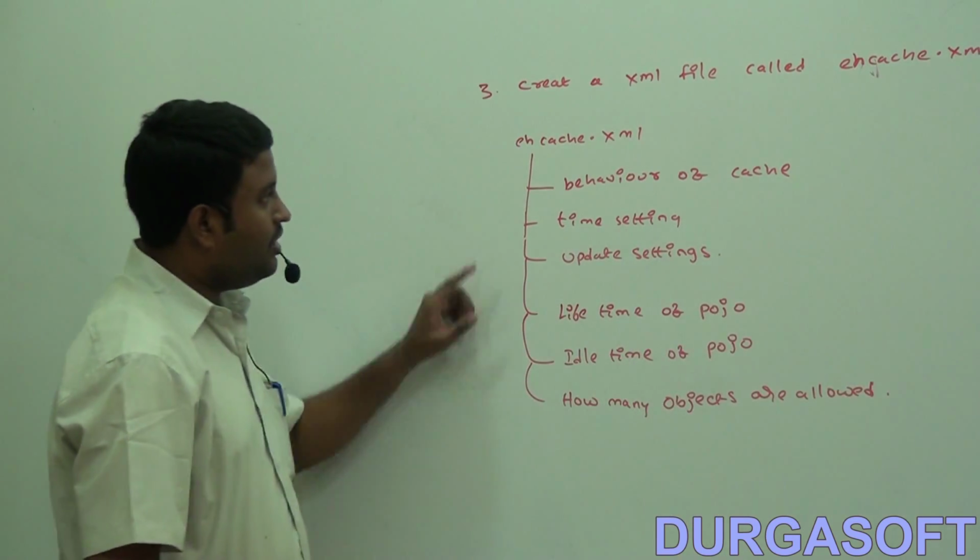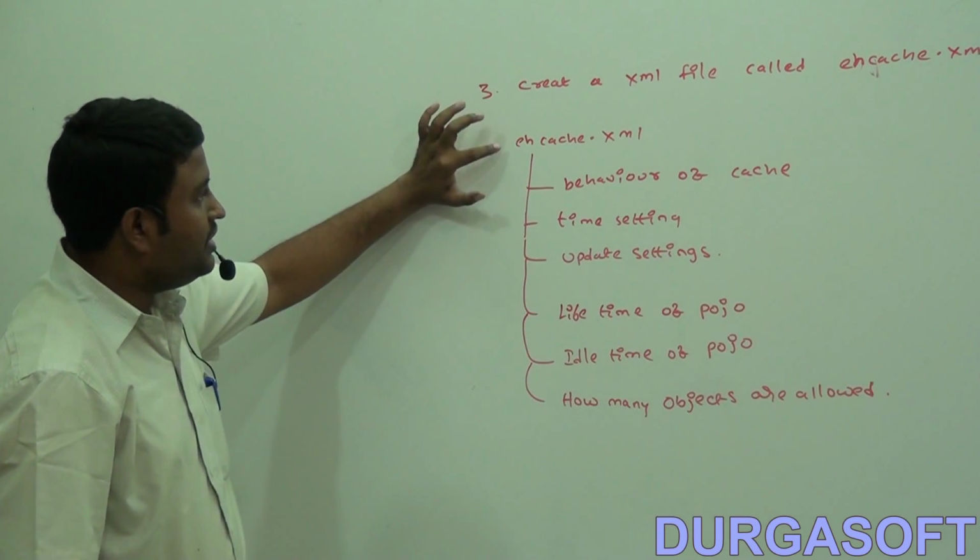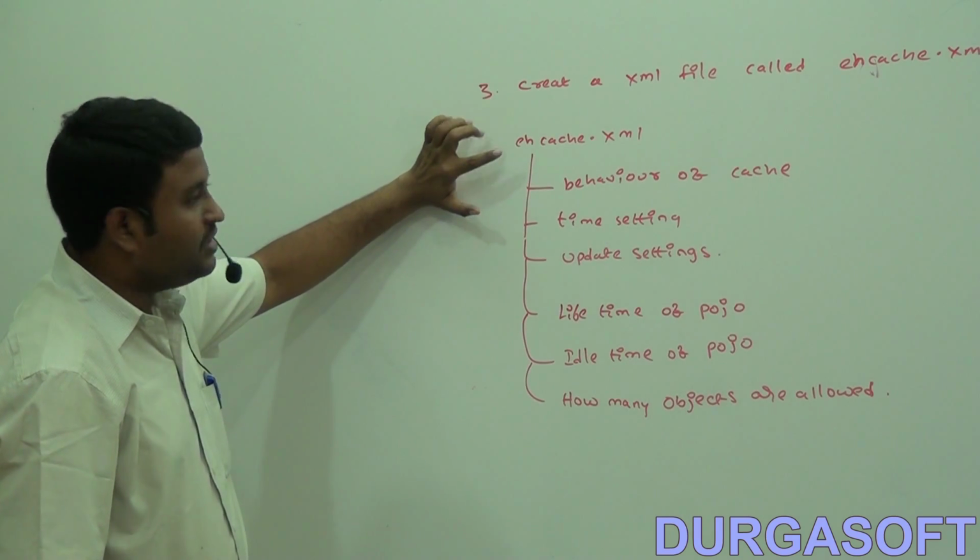So we configure all these properties inside the ehcache.xml file.